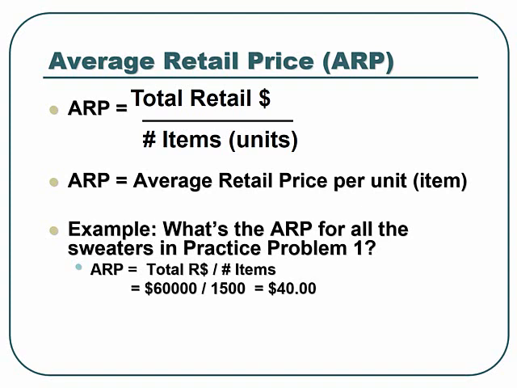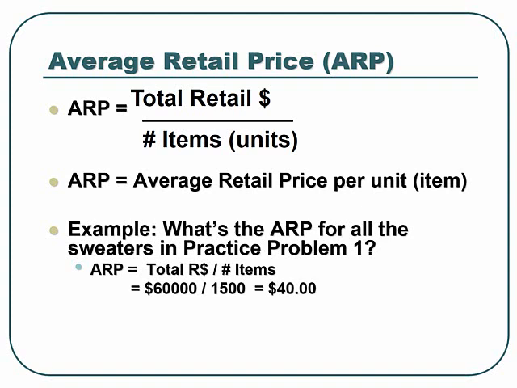You can calculate ARP for the balance, ARP for the total merchandise, or ARP for the purchase to date, any group of merchandise that you're looking at. As long as you know the total retail value of that group, and as long as you know how many units exist in that group of merchandise, you will be able to calculate ARP.